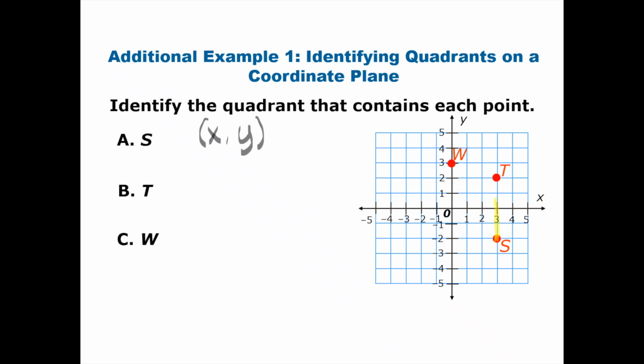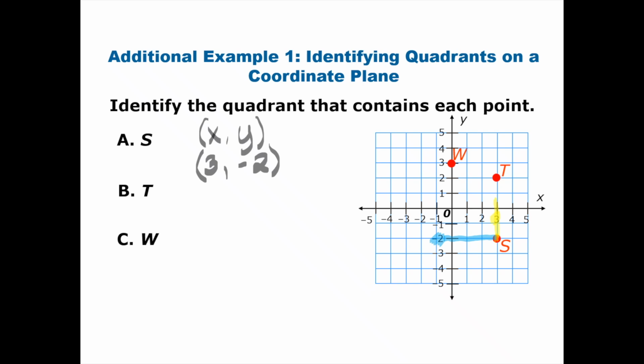And we can see that point S is at the number 3 on the x-axis. So the ordered pair would be 3 for the x. Then we want to see where it hits the y-axis. So we would go across to the y-axis, and we can see we're at -2. So this ordered pair would be at +3, -2.